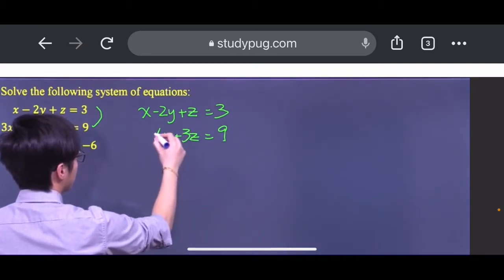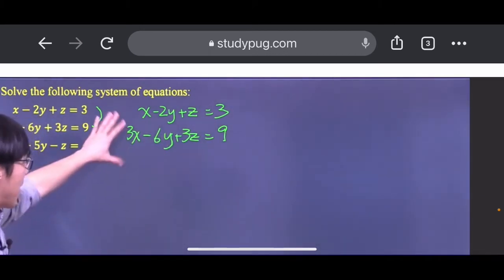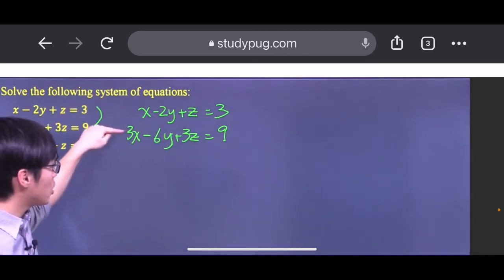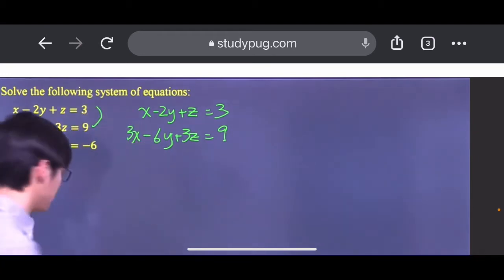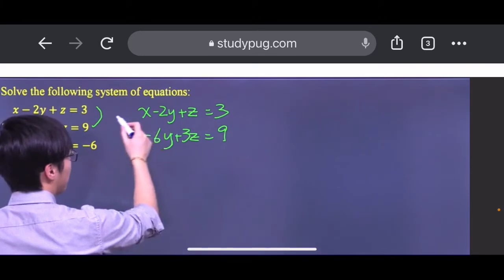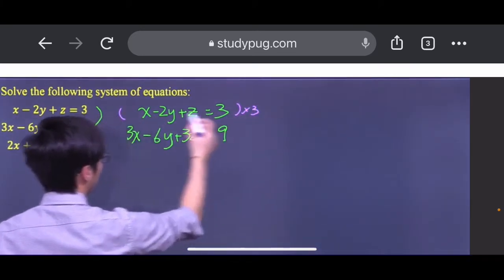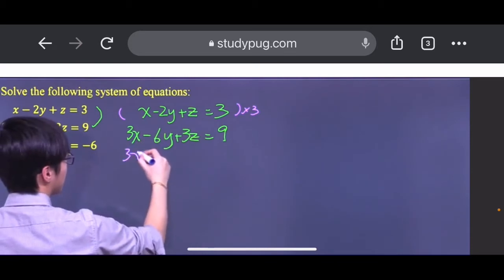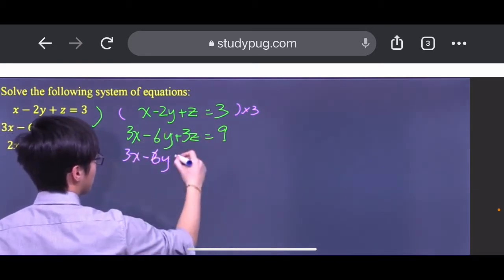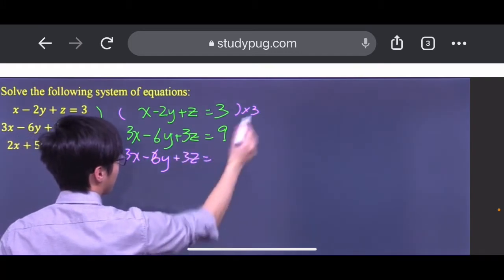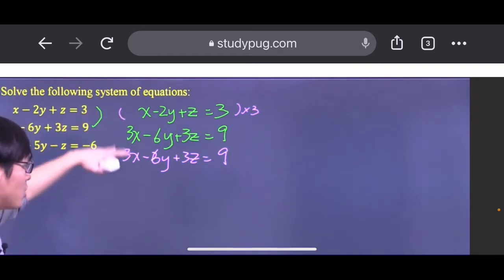So here, again, the second equation is indeed the first equation multiplied by 3. If we multiply the first equation by 3, we'll have 3 times x, 3x, 3 times negative 2y, negative 6y, 3 times z, 3z, and 3 times 3, 9, right?